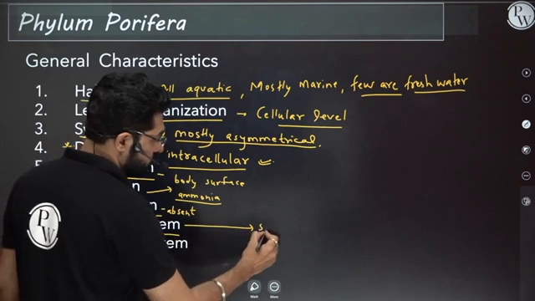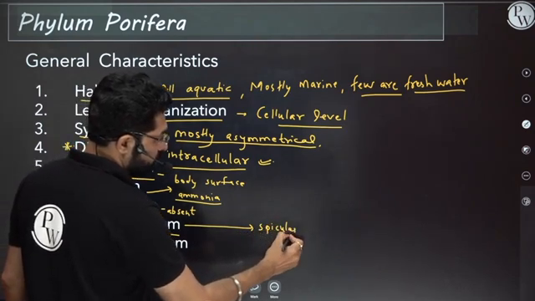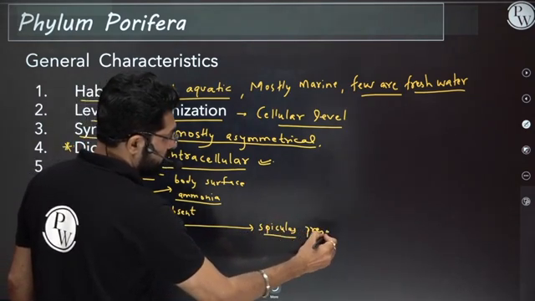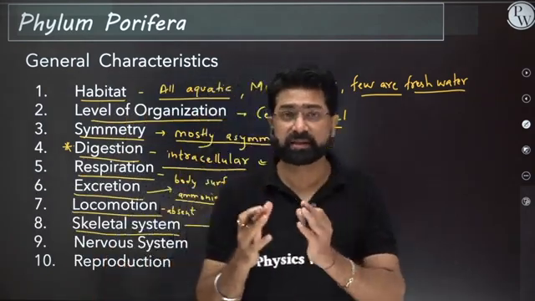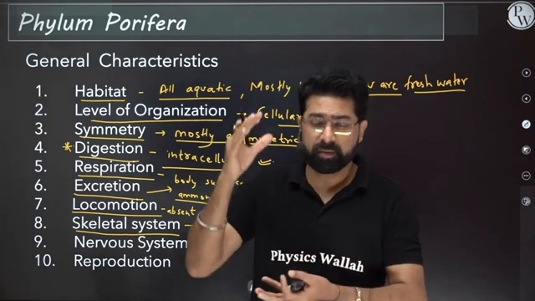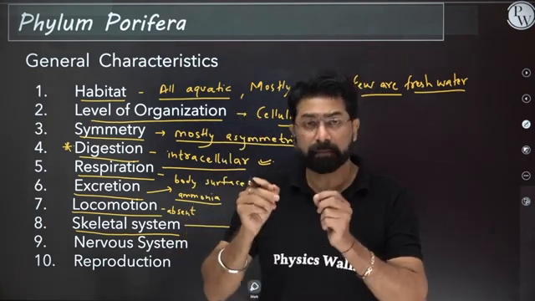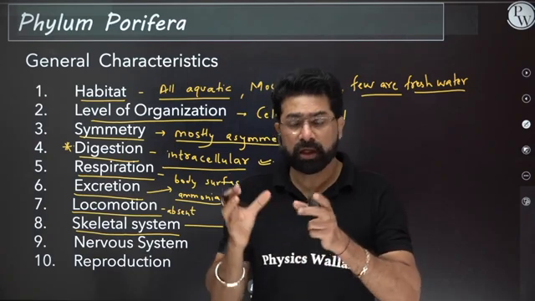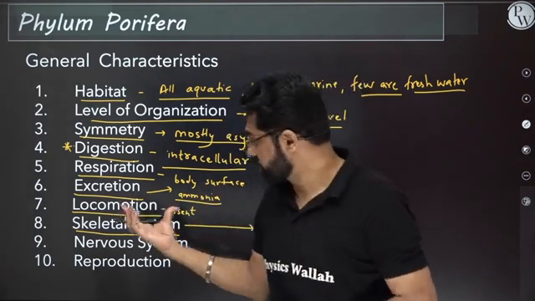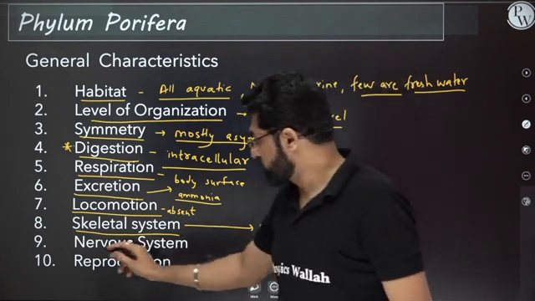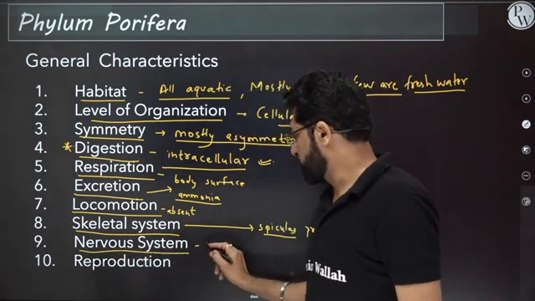Spicules are present, which help them in forming some structure, because they are only cells. If they were only cells, how could they form a body? Because of those spicules, they form a particular shape. That is a type of skeletal system in them. Nervous system: there is no nervous system in them, it is completely absent.